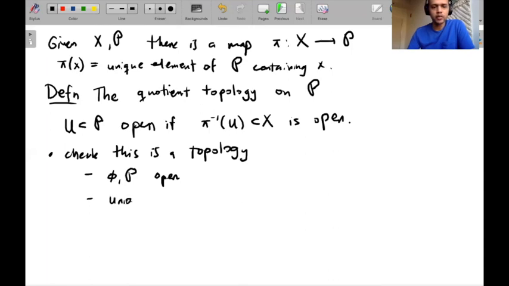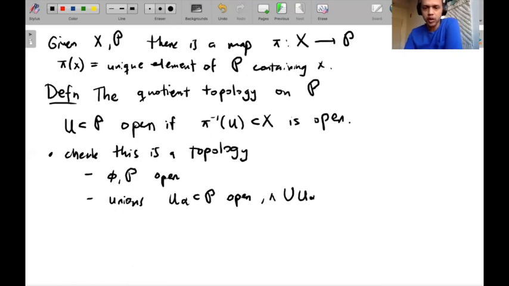So unions. Suppose we have U alpha contained in P open, and we want to know if the union of the U alphas is open. To determine whether it's open, we need to look at its preimage under pi. We can rewrite this as the union of the preimages of the individual U alphas. Things that map into the union map to a particular one, and so we have this equality.